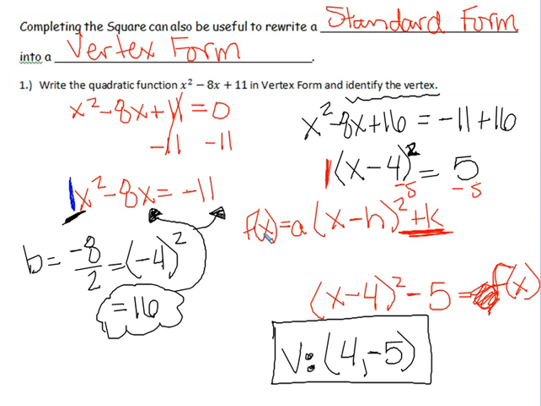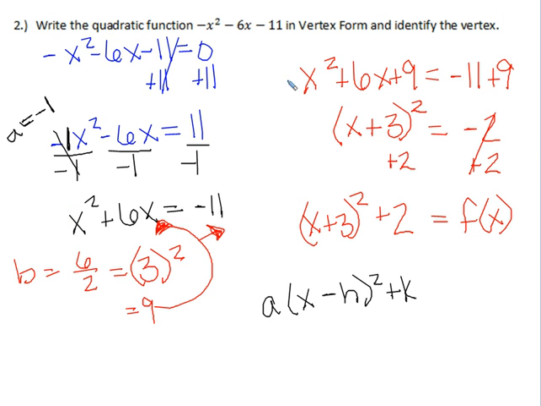And notice how up here, our a value is still 1. We don't have to write it there, but it's still understood to be a 1. Over here, we said in the second step, our a value was negative 1. But if we look at our process of what our answer is looking like so far, I don't have a negative 1 out front. It's actually a positive 1.